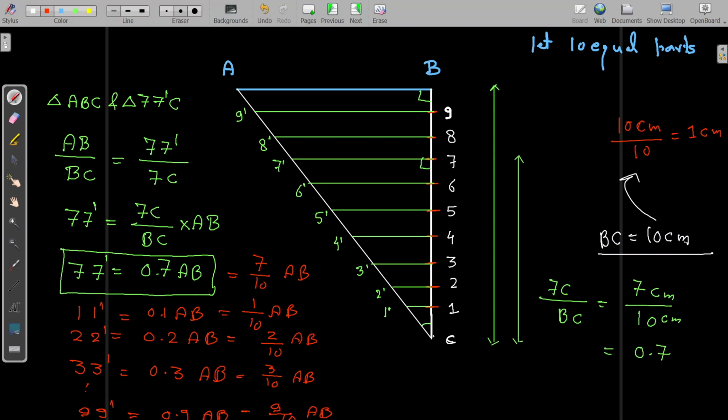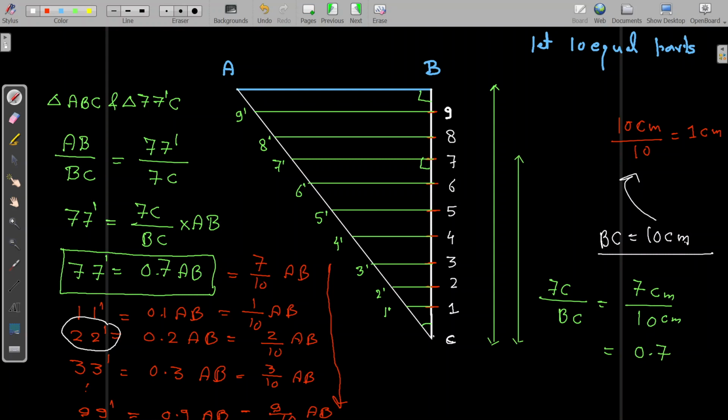So from these answers, what we can easily say is that we have just divided this line into 10 equal parts. For example, this 1 dash length will give me the 1 by 10th part of AB. Again, this 2 dash length will give me 2 by 10th part of AB.